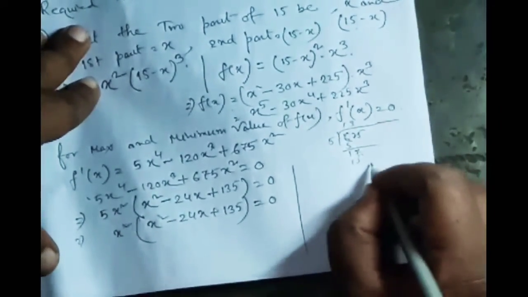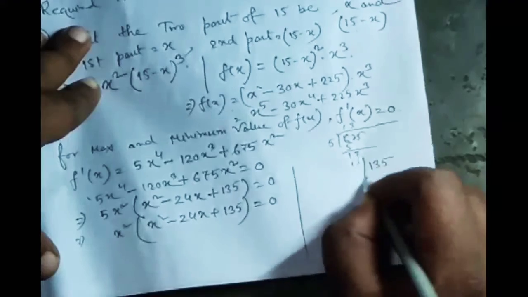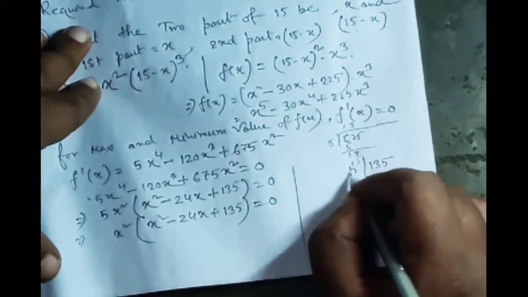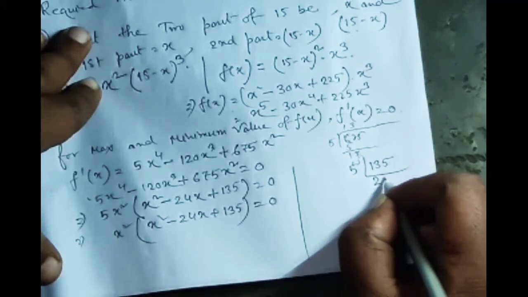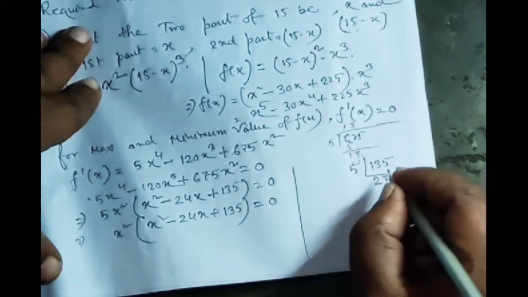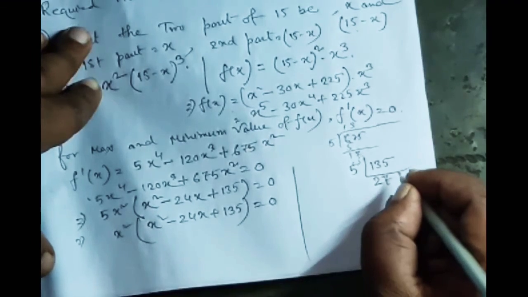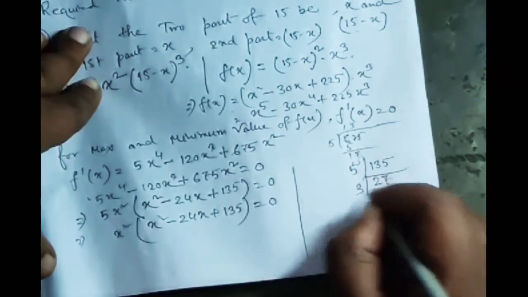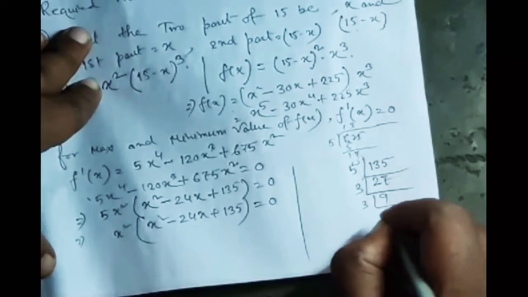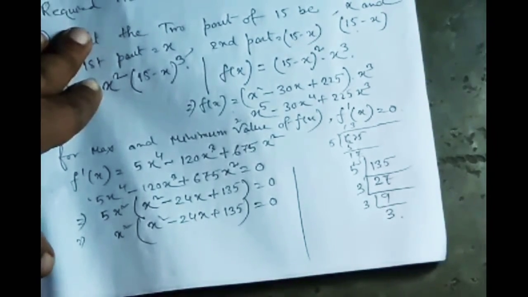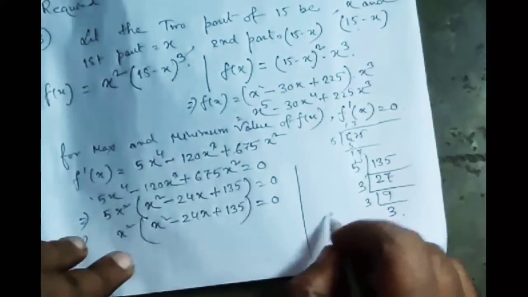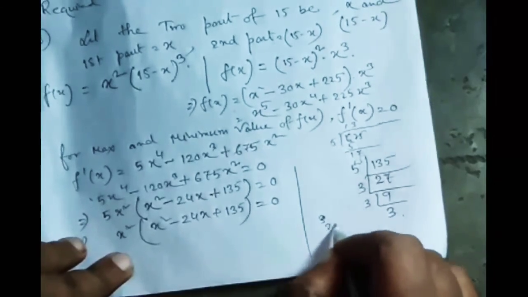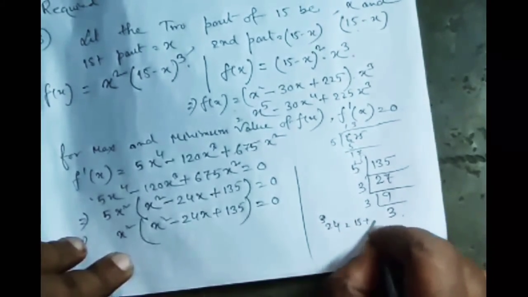Now 135 can be written such that 24 is 15 plus 9.